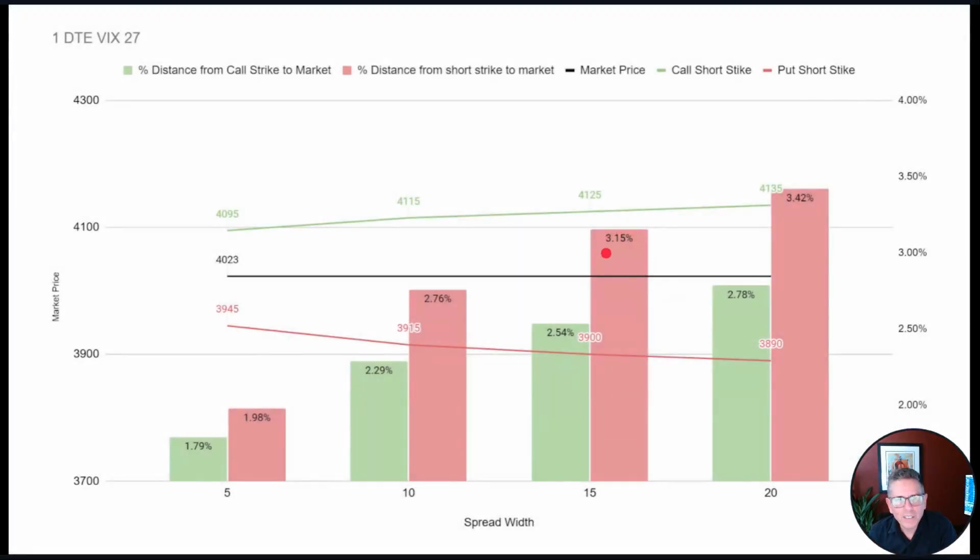It's actually less. When you're trading 1 DTE, 0 DTE, this should be higher, but it isn't, and it's because of the implied volatility when you're putting that on, and that's what implied volatility does to you.